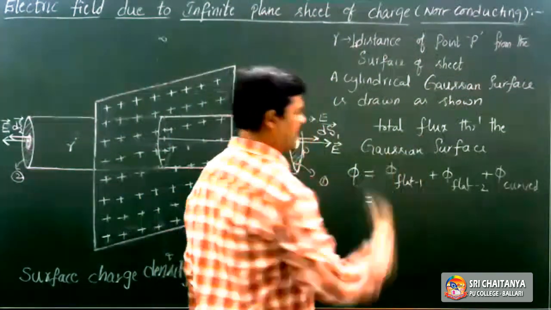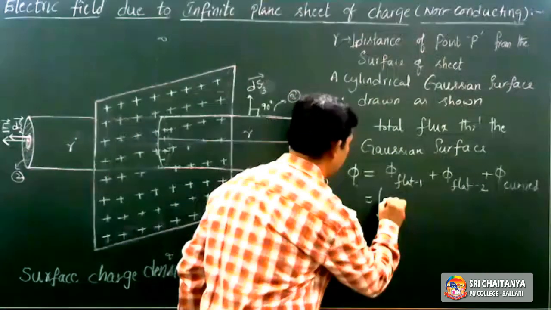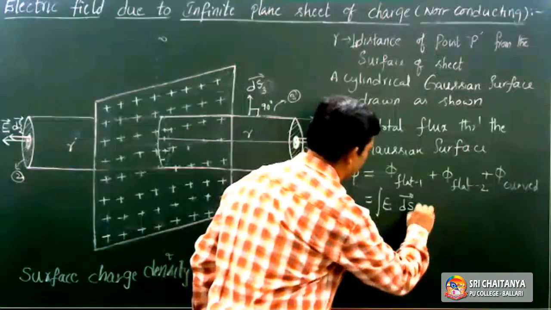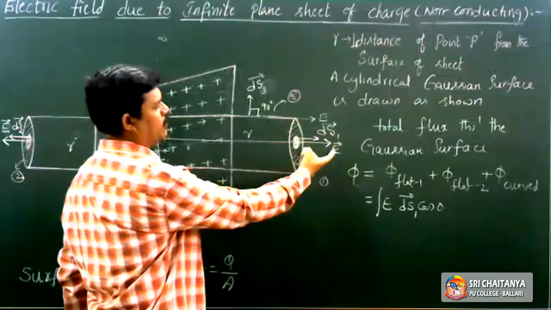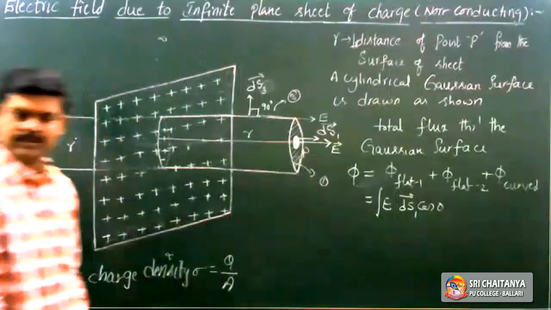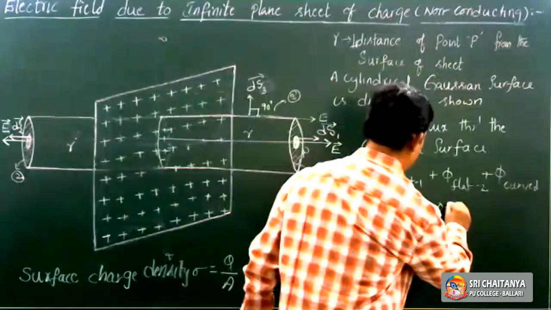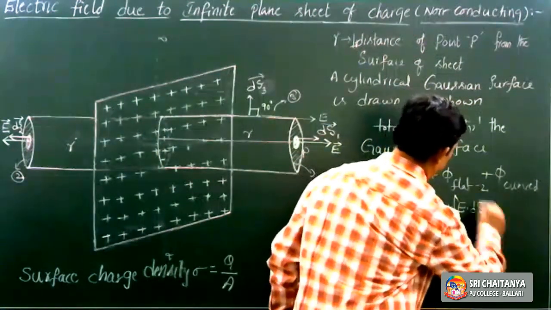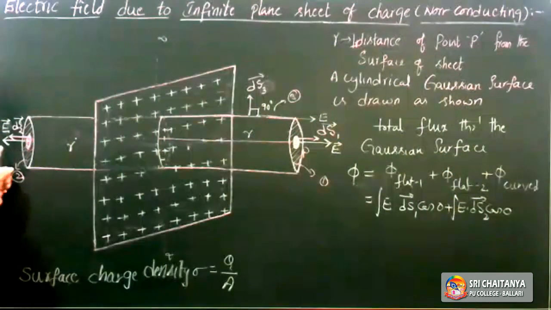Phi through this flat surface, how much? Integral E dot ds1 cos 0, because ds1 and E are parallel. For this surface, integral E dot ds2 cos 0 for this second surface.